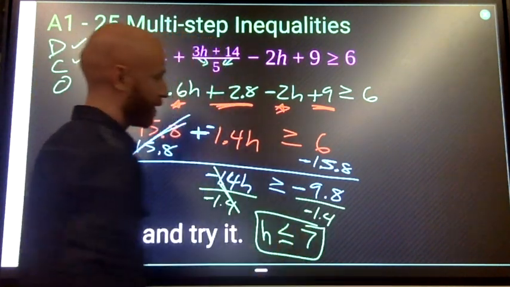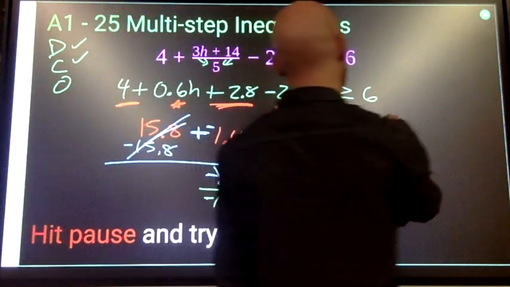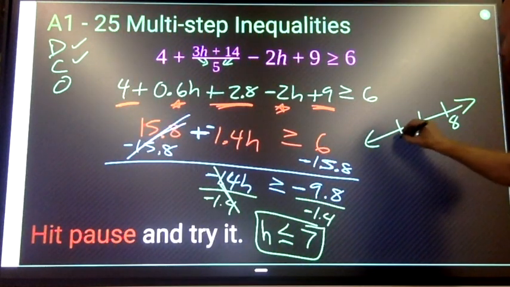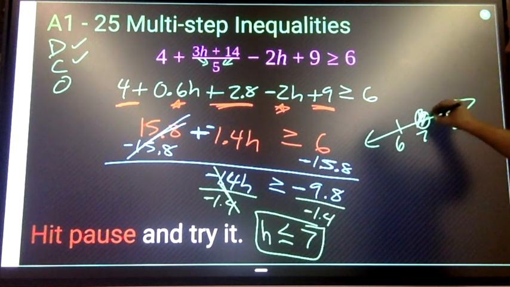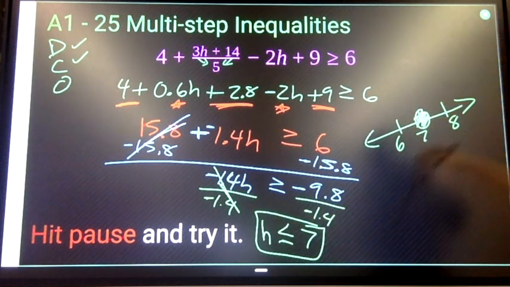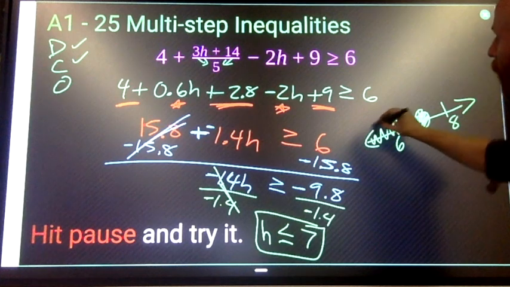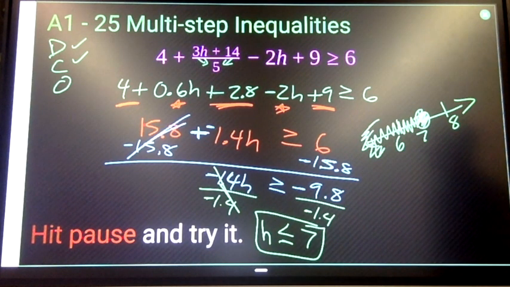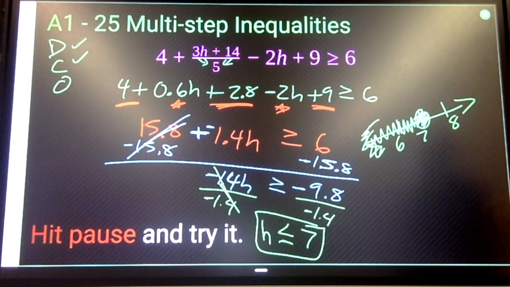H is less than or equal to 7. Shade in 7 because H is allowed to equal 7. Shade below 7 because H is allowed to be less than 7. Right? That's how this works.